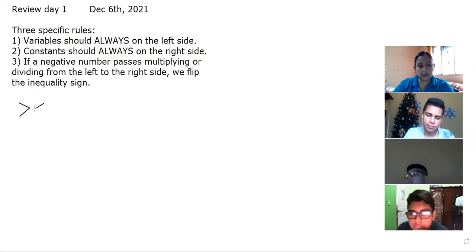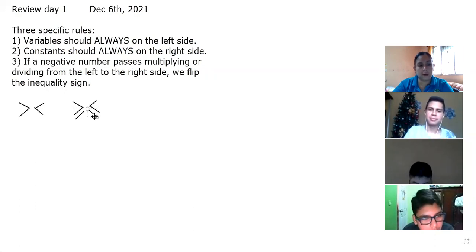Now, another thing that you need to remember is the inequality signs themselves. You need to remember that this is greater than, this other one is less than, this is greater than or equal, it has a little line underneath it that says that it's or equal, and less than or equal.